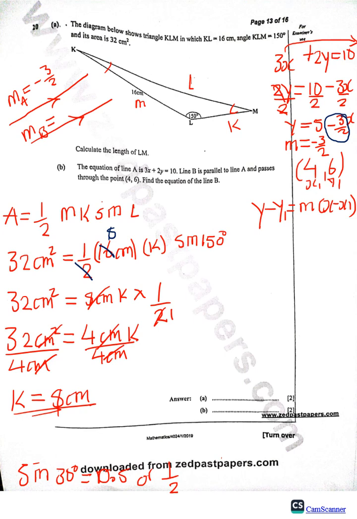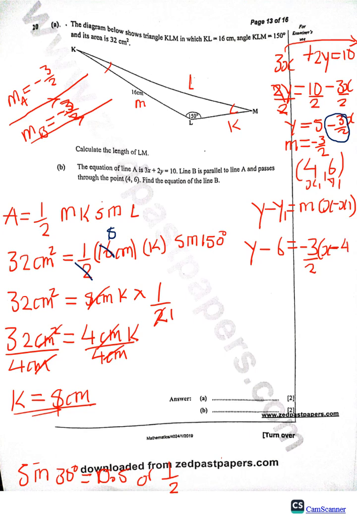So that's a concept that you need to take note of, two lines that are parallel. So even in line B, we will have negative 3 over 2 since they are parallel to each other. Okay, so now we can proceed. y minus y1, what is our y1? y1 is 6. Then our gradient is negative 3 over 2 times x minus x1.